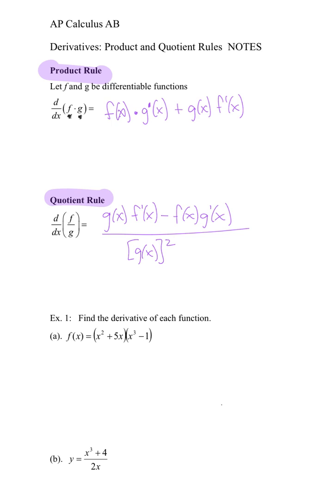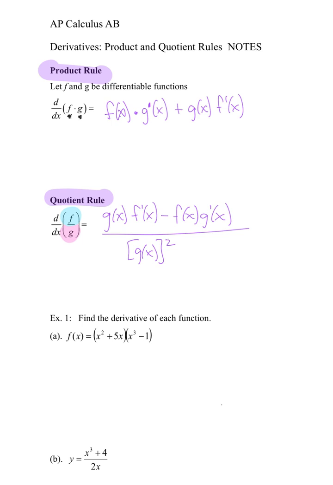Let's start by recognizing that the g is the low function and the f is the high function, right? g is low in that it's on the bottom, and f is high as it's on the top. Here's how it goes. It's low d high minus high d low, square the bottom, and away we go.